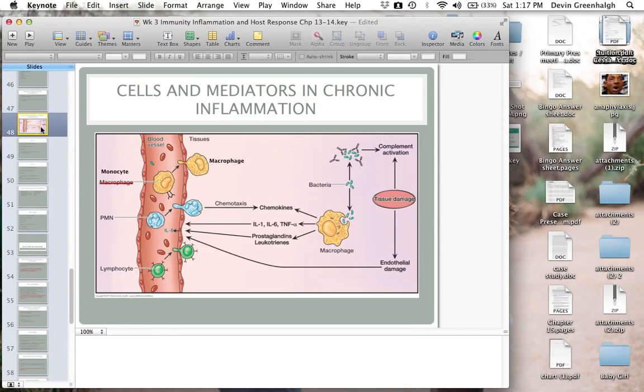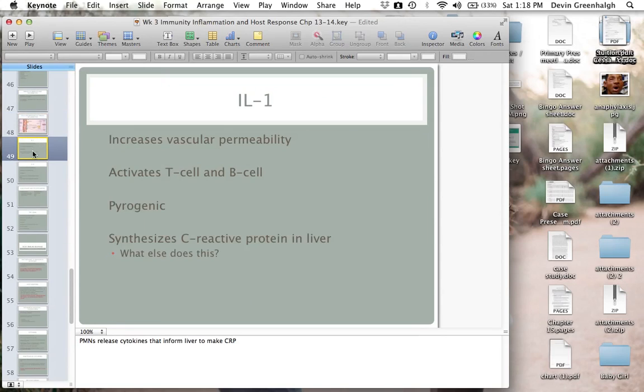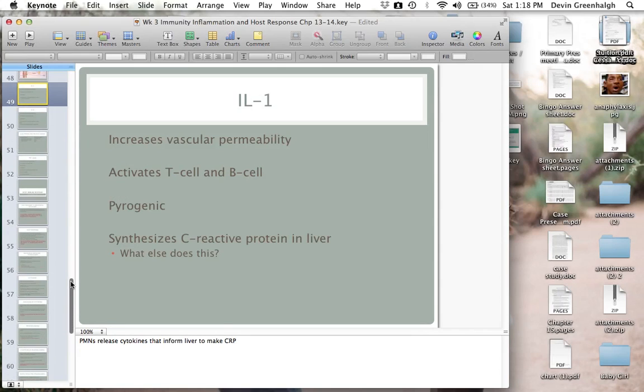So here's another example of cells and mediators in chronic inflammation. You can see the picture. Interleukin 1 increases vascular permeability. It activates B and T cells. It's pyrogenic, which means it causes fevers.